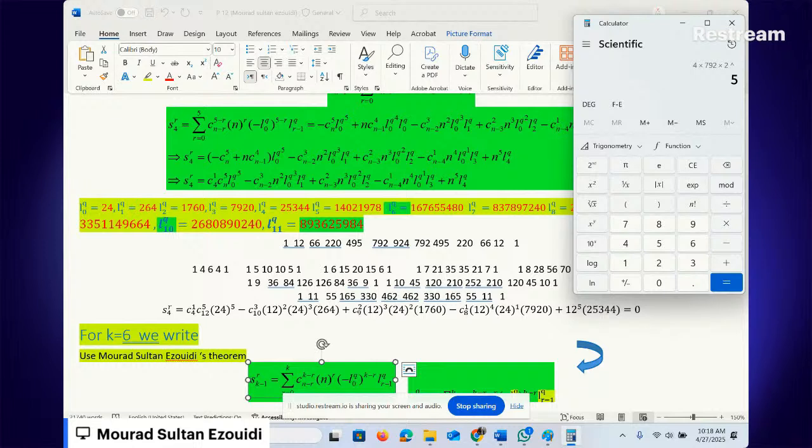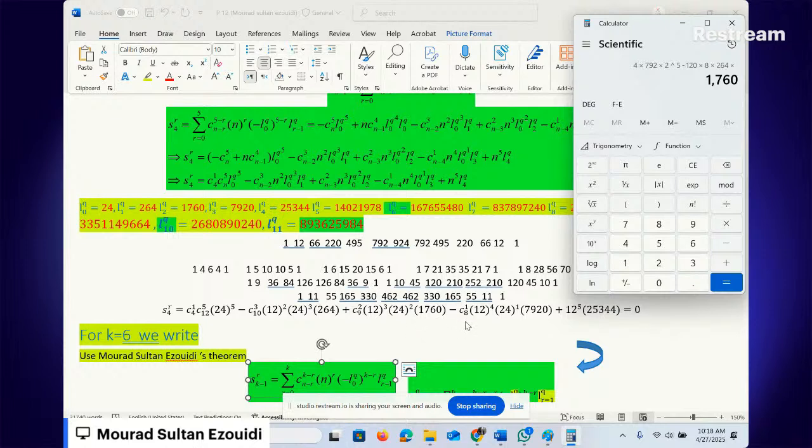Then minus, this 4 is positive. So minus 10 choose 3: 1, 2, 3. Minus 120. Multiply by 264, times 1760.